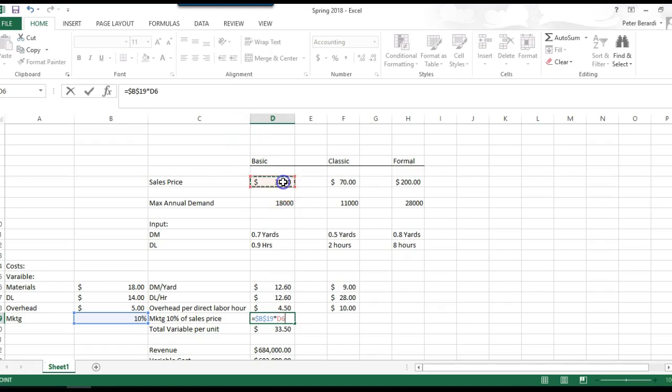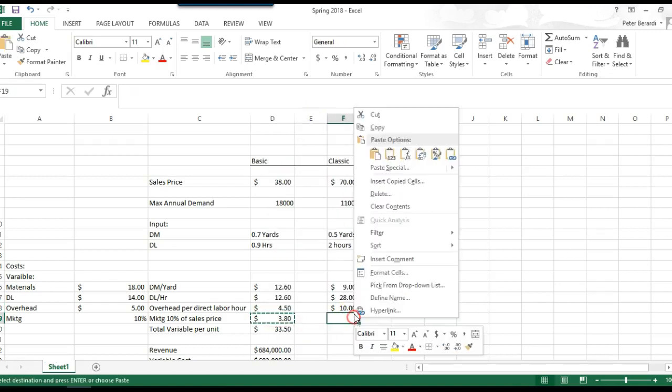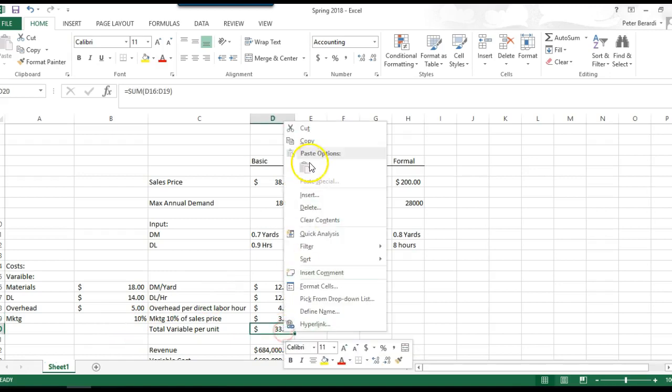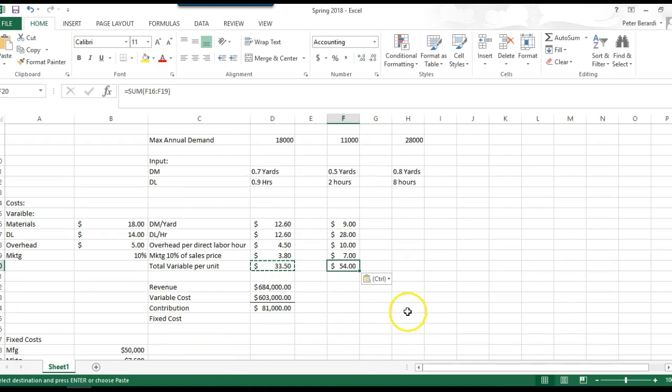Times the 38. And we'll copy that over. So that is $70 times 10%. So our variable cost per unit is $54.